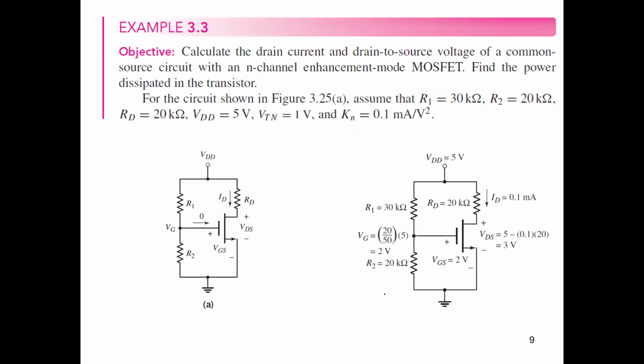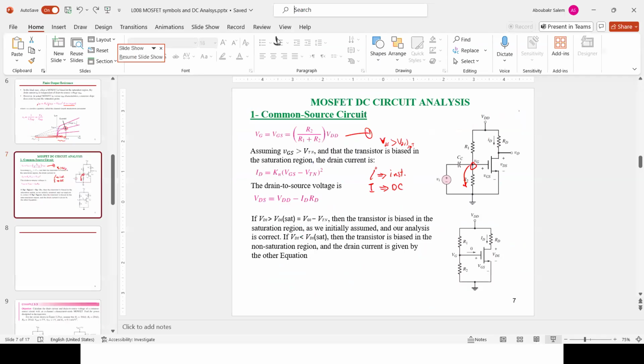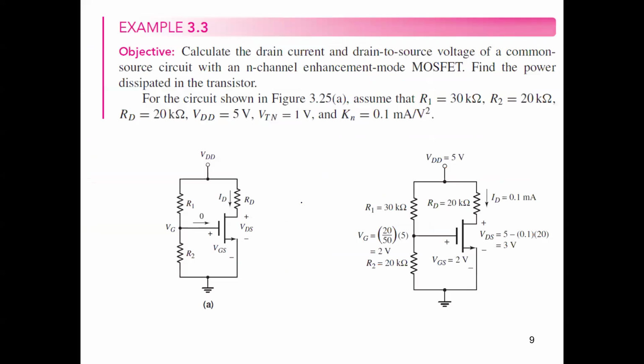Now, in order to understand more deeply, let's apply this on one example. In this example, we need to calculate the drain current ID and the drain to source voltage VDS of a common source circuit with an N-channel enhancement mode MOSFET, and then find the power dissipated in the transistor.